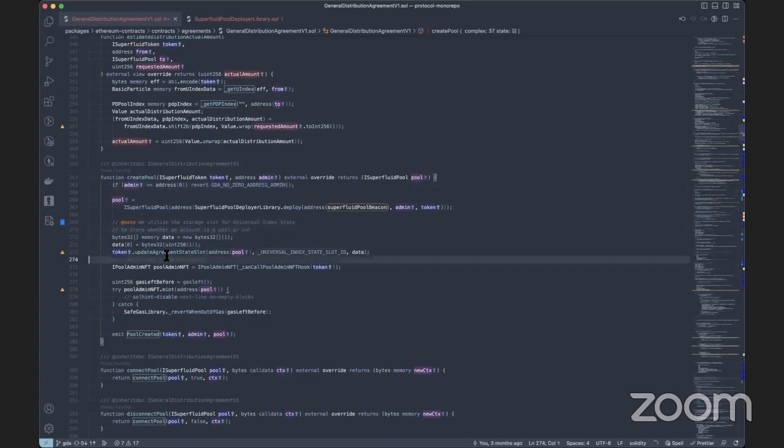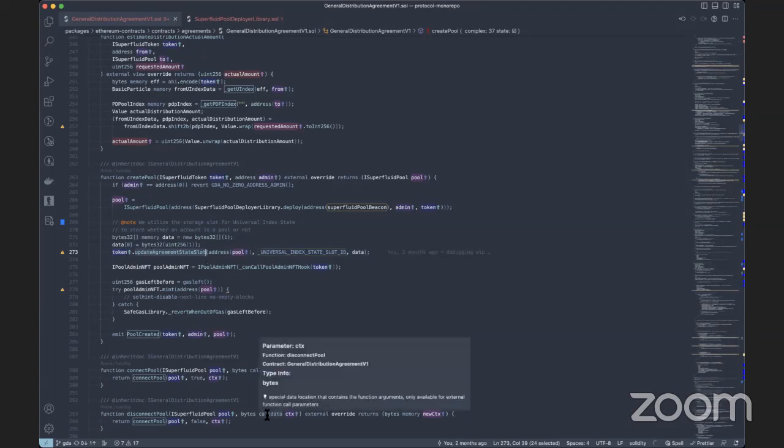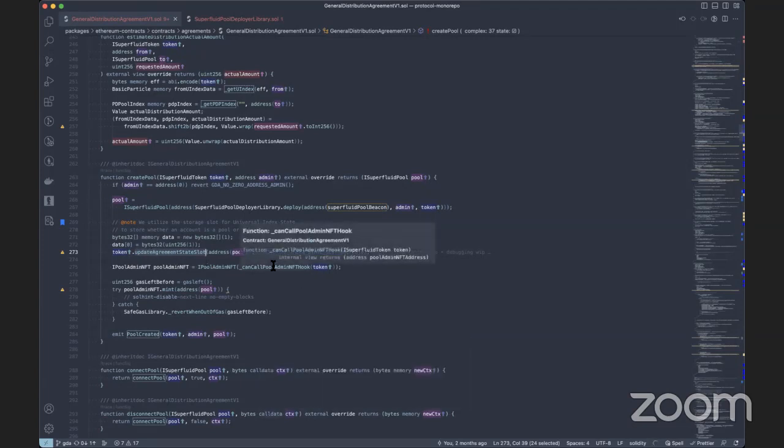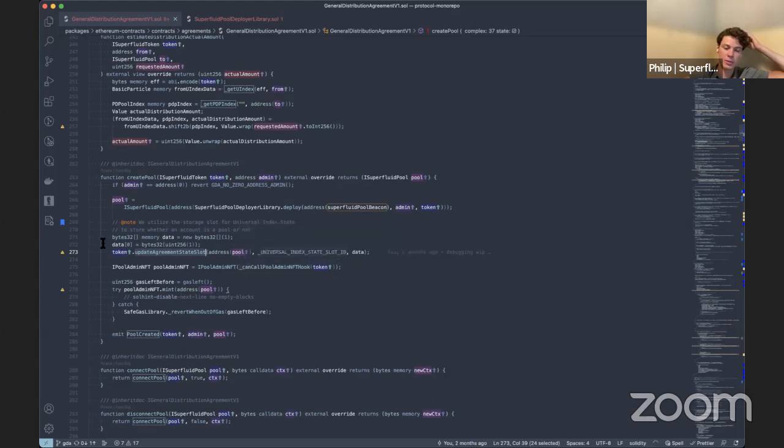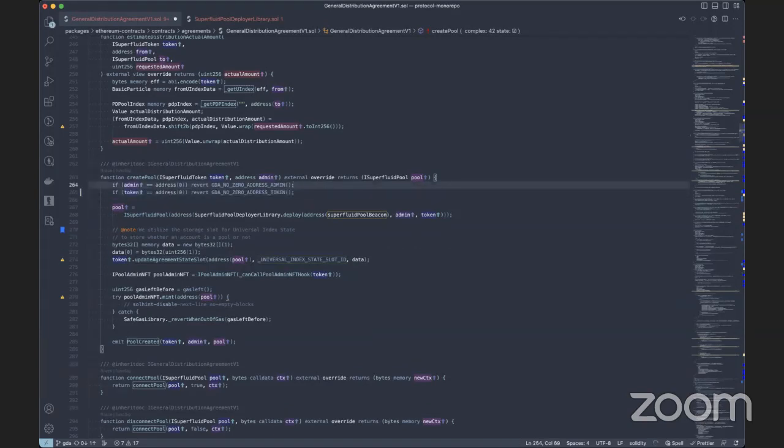I guess it's the same as any other non-existent address, any other bad address. If they don't have this function, then it'll just revert. Or do we want to make that explicit so it's easier to debug? Yeah, we can.